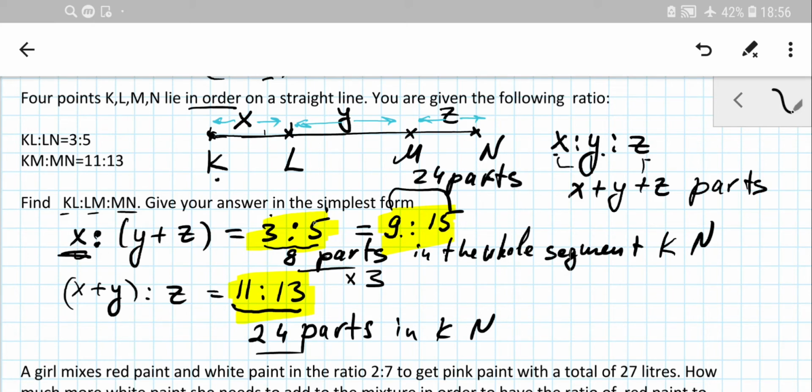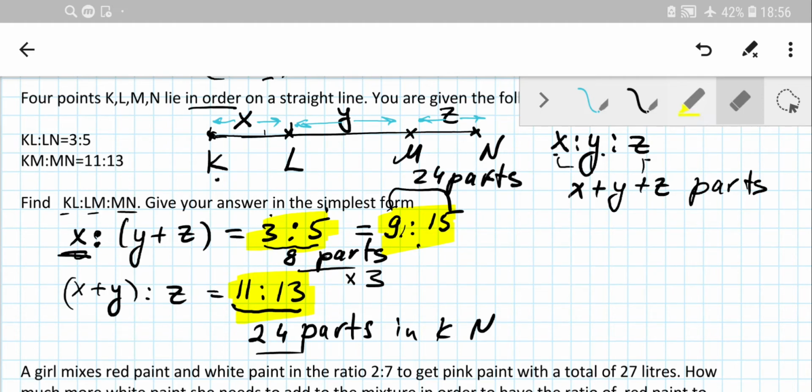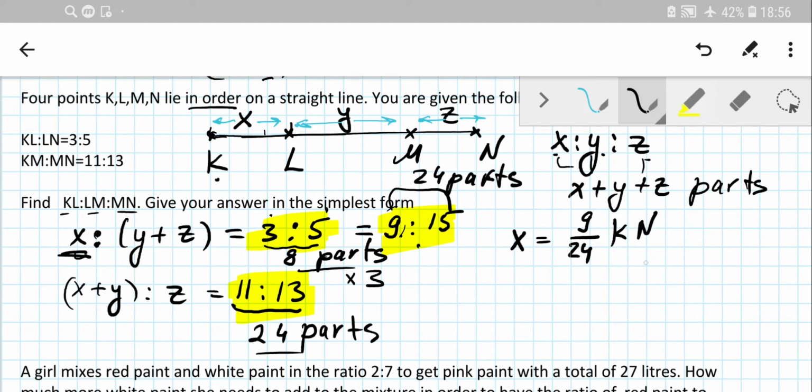So for X we've got 9 parts out of 24 of some length KN. You can write 9 out of 24 parts of KN. That means you are taking the length of KN and multiplying by 9 over 24. The key figure here is the fraction 9 over 24.